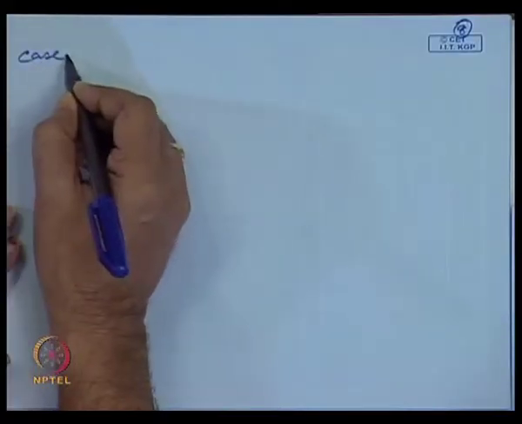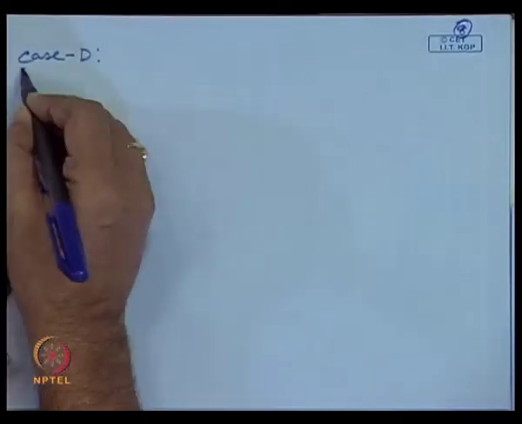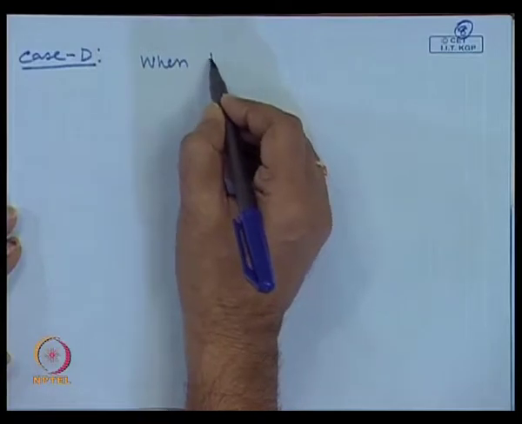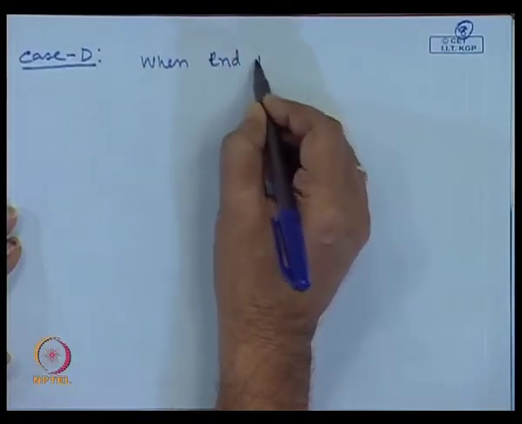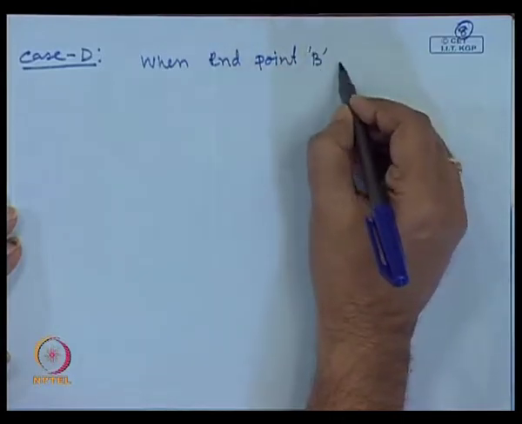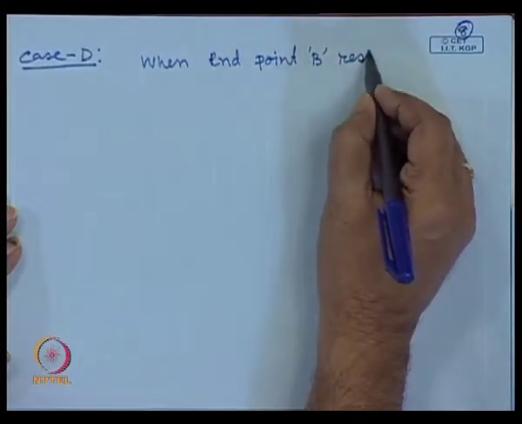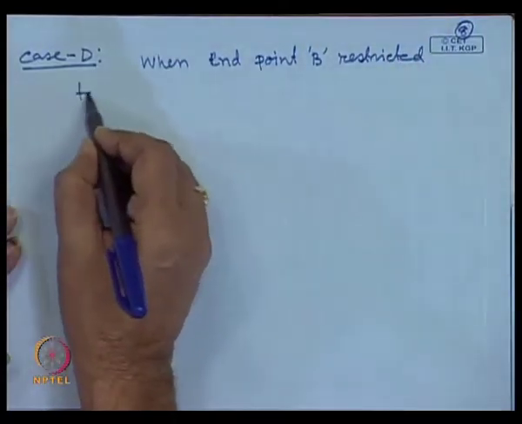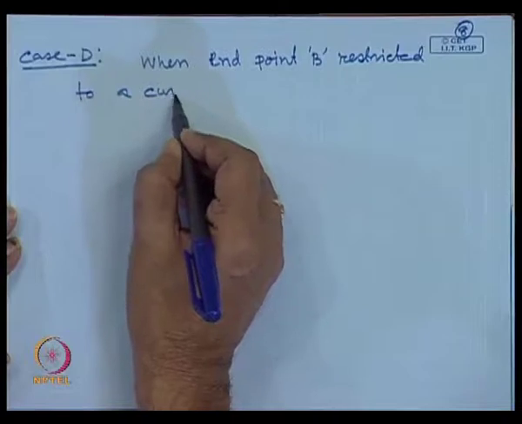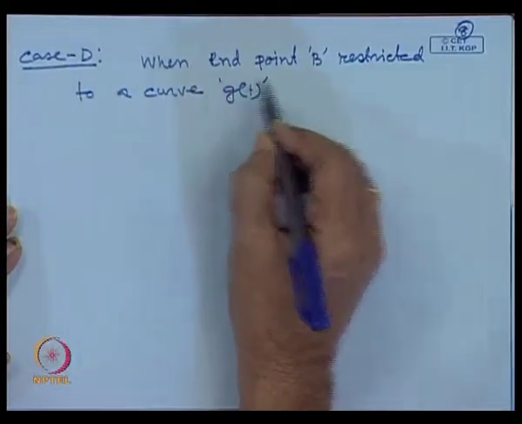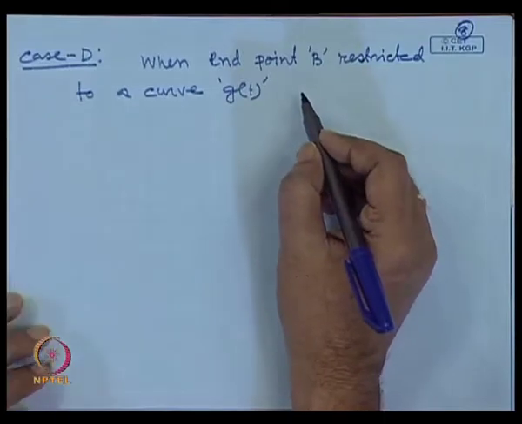So, case 4, or case D, when the end point B is restricted to a curve g of t. Agree?